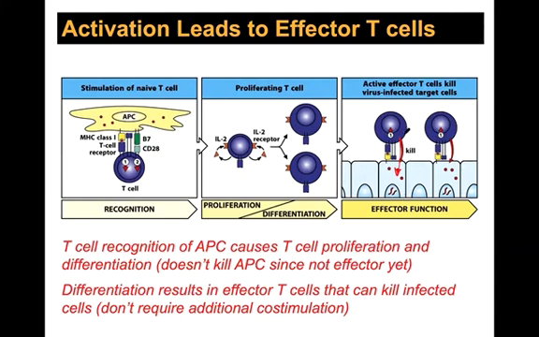It's already programmed, you're a killer. So you don't need all of these accessory signals to say, yes, this cell in fact is infected. Because if that was the case, then a virus would just block expression of co-stimulatory proteins, and T cells wouldn't be able to kill it. So this kill signal doesn't require additional co-stimulatory signals.